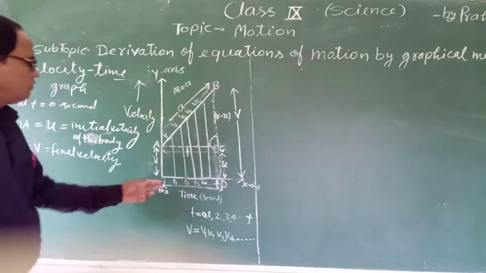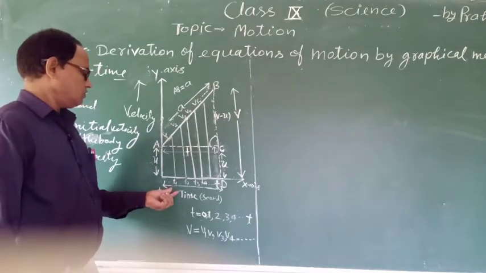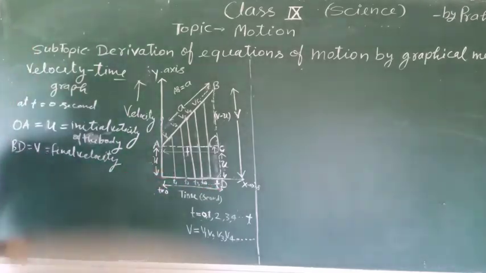And OD is the time t0, t1, t2, t3, t4 up to t, the time taken.